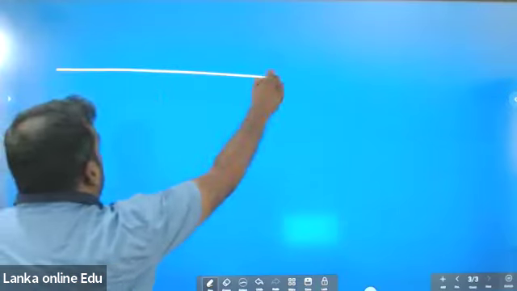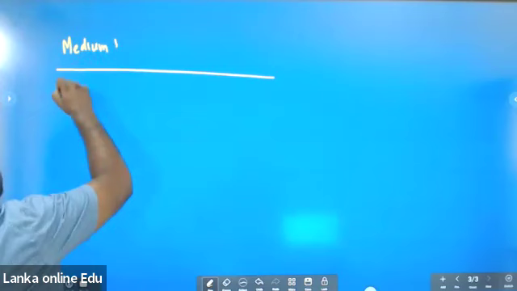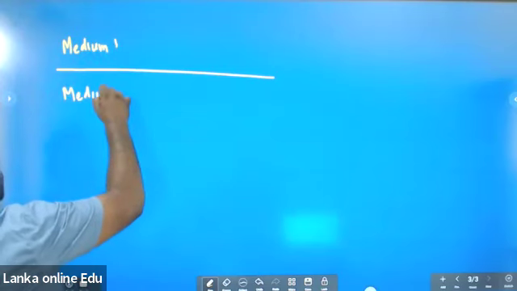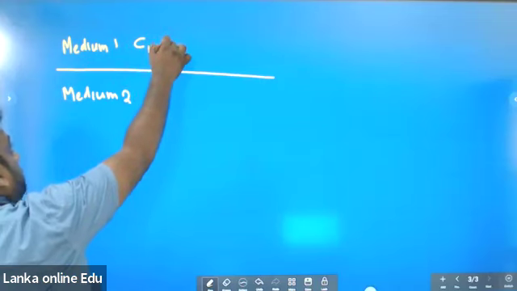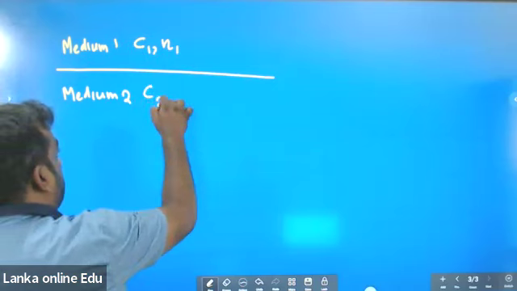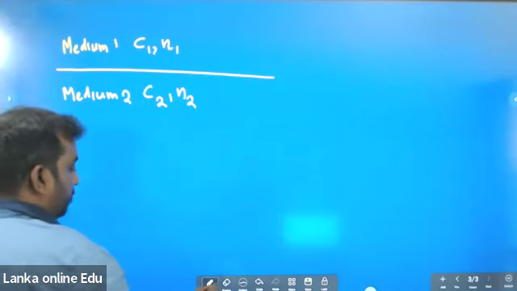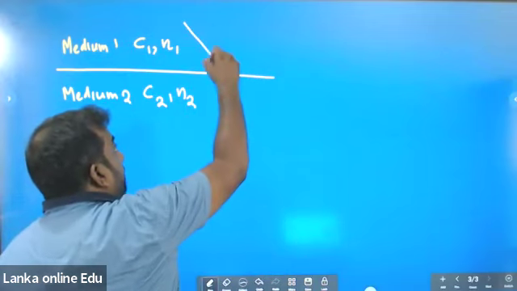Okay, right. Have a look at this. Let's say medium 1 and medium 2. The speed of light in medium 1 is C1 with absolute refractive index N1. The speed of light in medium 2 is C2 with absolute refractive index N2. Consider light traveling like this.